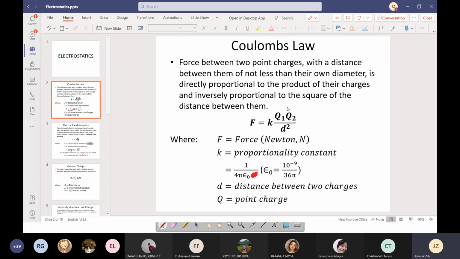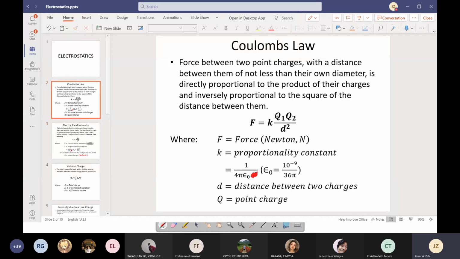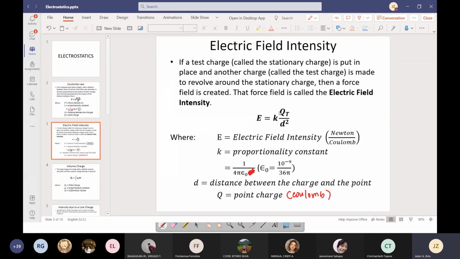If you know Coulomb's law, you will know electric field intensity. Or vice versa, if you know electric field intensity, you will also know Coulomb's law. So I will discuss the two together. Again, don't worry, I will give examples for Coulomb's law and for electric field intensity.